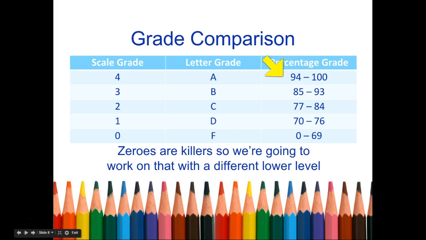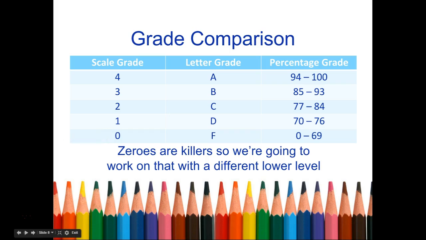So I'm probably going to put you up in here. If you get a 3, that's a B. So again, I'm probably going to put you up here. That will be the grade that goes in for you. A 2, that's a C, and a 1 is a D, and you can see what they are. And then, of course, 0 is an F.